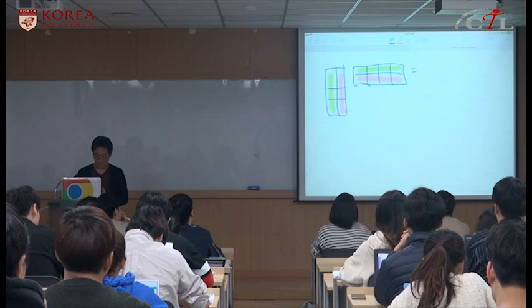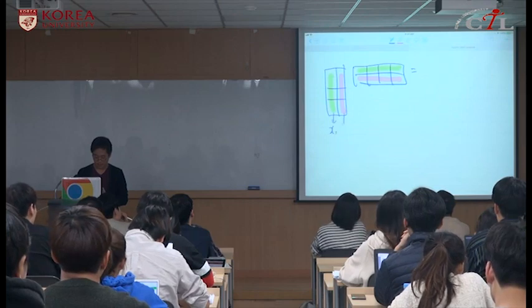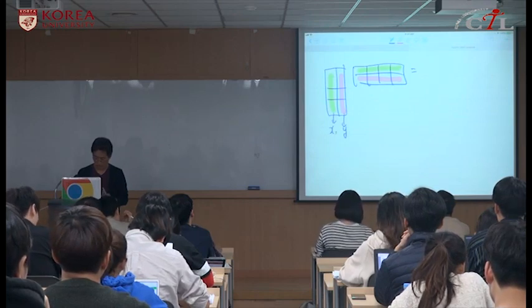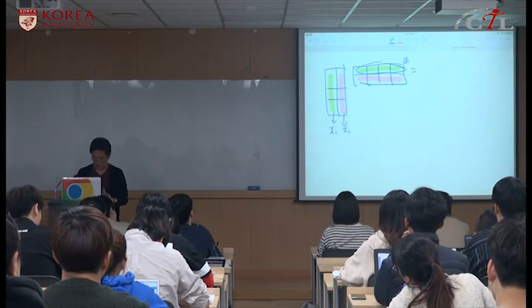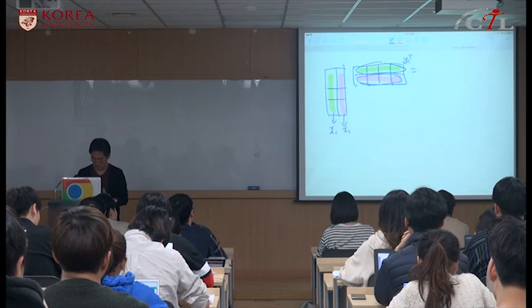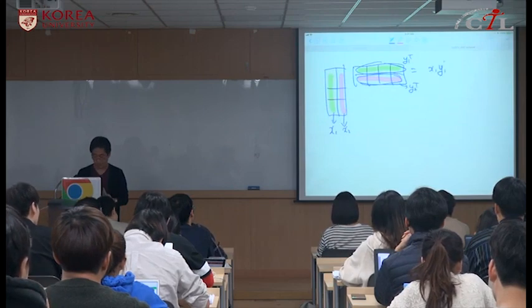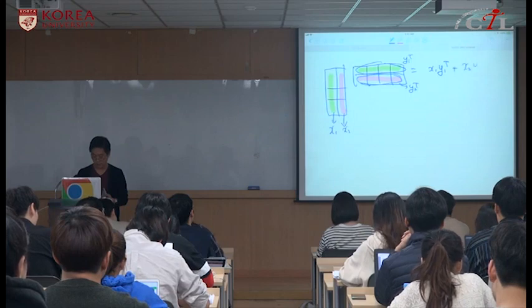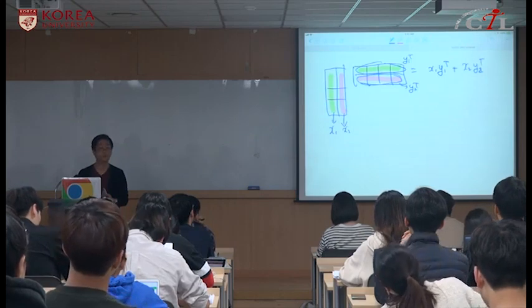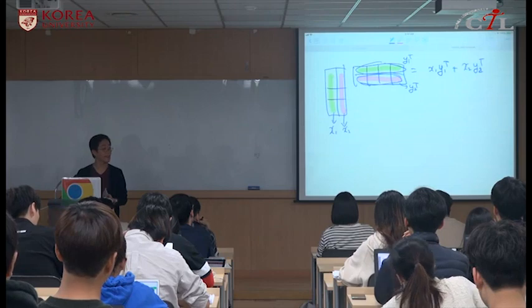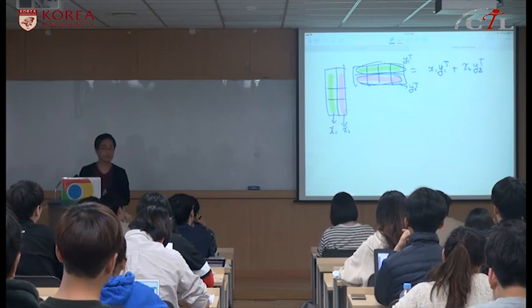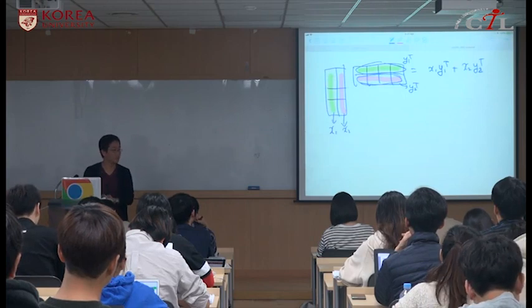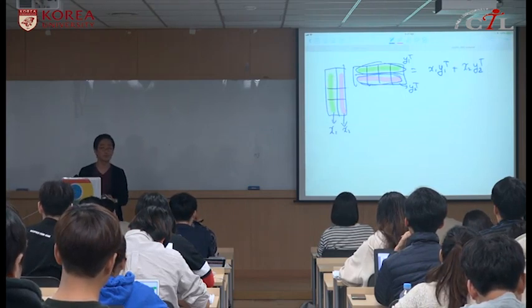So these columns are x1 and x2, and these rows are y1 transpose and y2 transpose, giving x1 y1 transpose plus x2 y2 transpose. So this was the fourth perspective of understanding matrix multiplication.